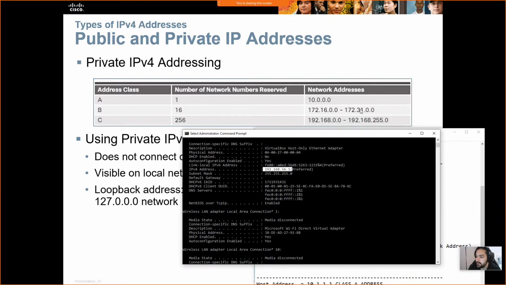It's class C. Okay, as you can see, the subnet mask is 255.255.255.0. What is the slash notation of this address, guys? Anyone? Slash notation of the subnet mask? /24. Perfect.